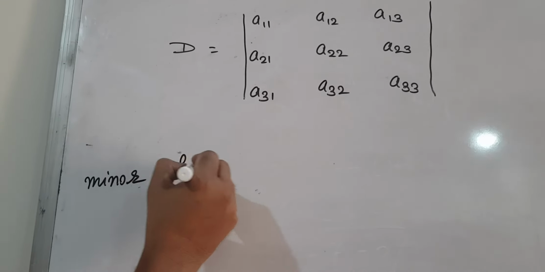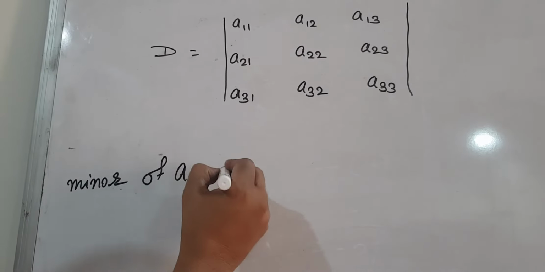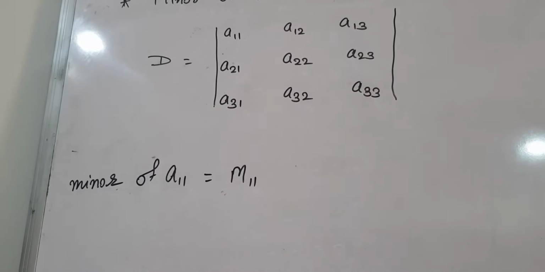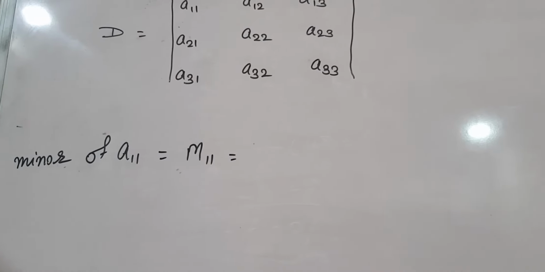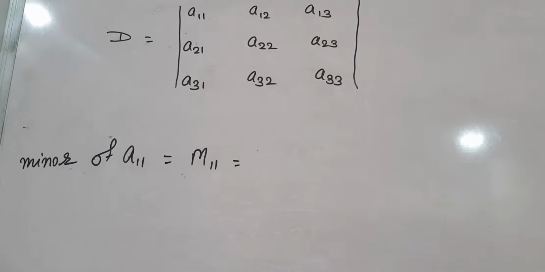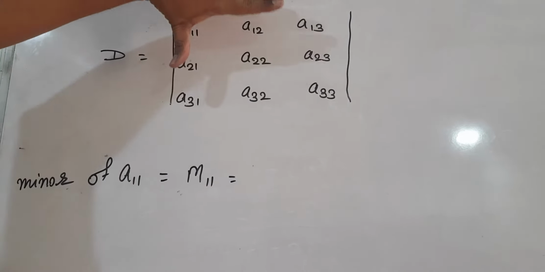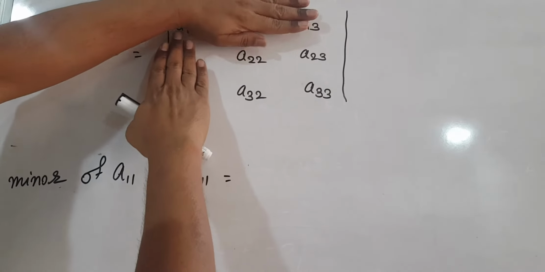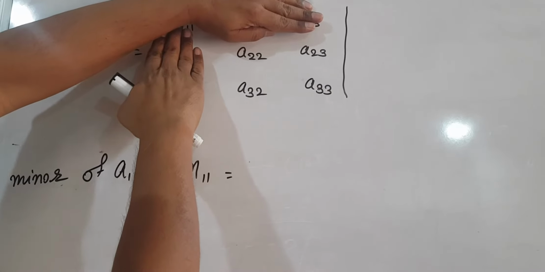Now the question is, how do we find the minor of A11, which we represent as capital M11? What we do is remove the elements of the row and column in which this A11 is present. So A11 is present in the first row and the first column. The remaining elements we write in a second order determinant.